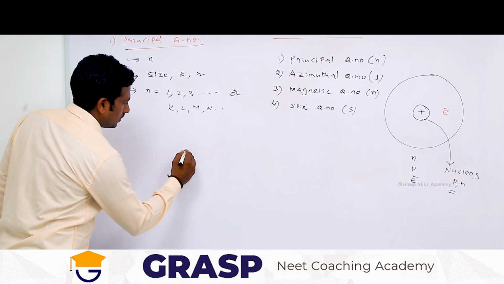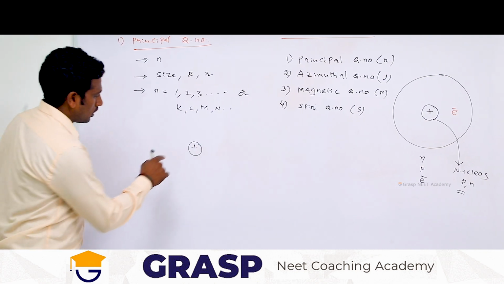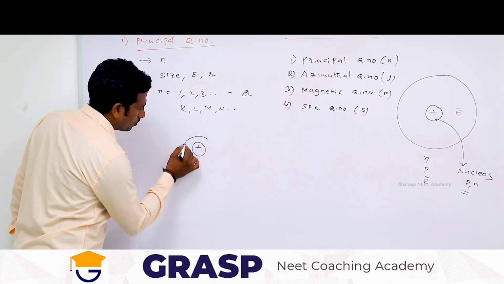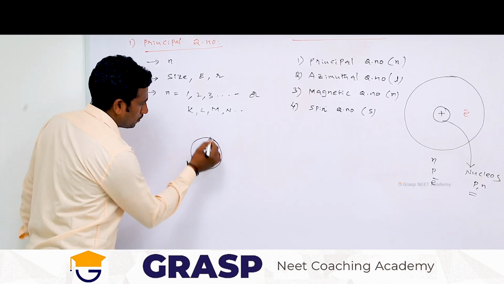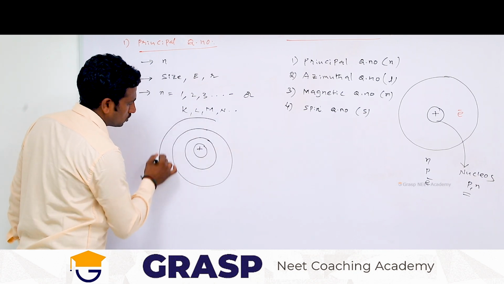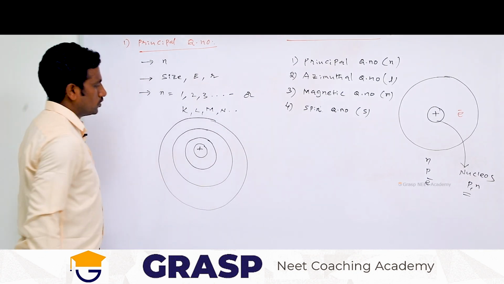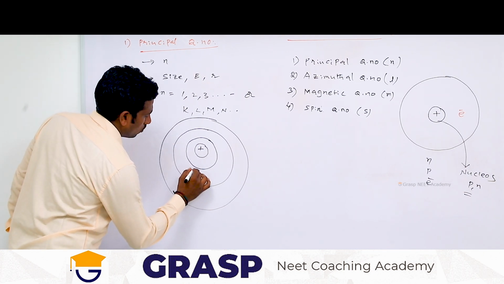See students, here is the nucleus. Outside the nucleus I am drawing circles. What are these called? Orbits. This is the first orbit, this is the second orbit, and this is the third orbit of the atom. So these are the principal quantum number orbits.